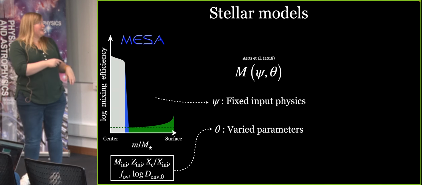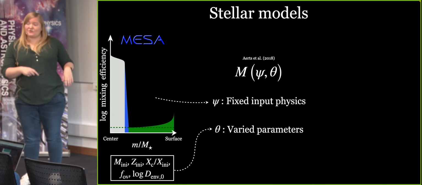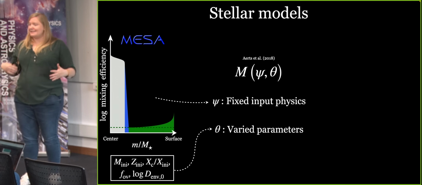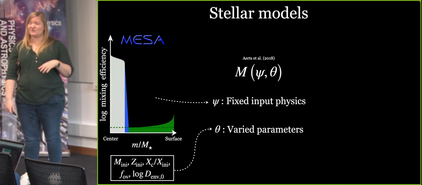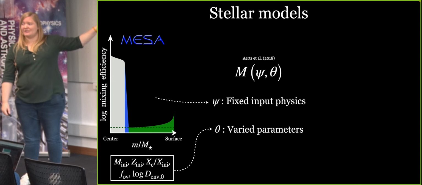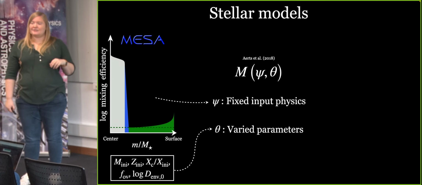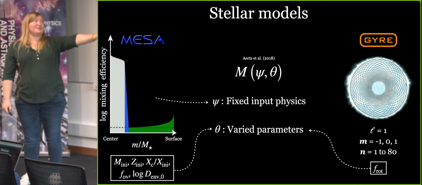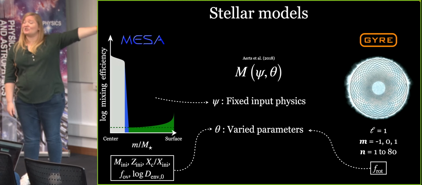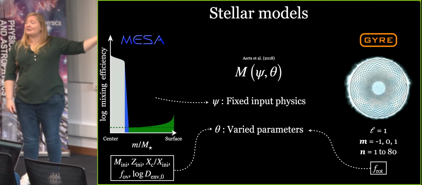And then we vary the size of these regions, those are the free parameters, as well as the masses and the chemical composition of the stars. And we use MESA to do these calculations. On top of that, we put the models into a stellar oscillation code that's called GYRE, and use those to calculate what are the theoretical frequencies that we get when we vary these parameters and then compare them to observations.